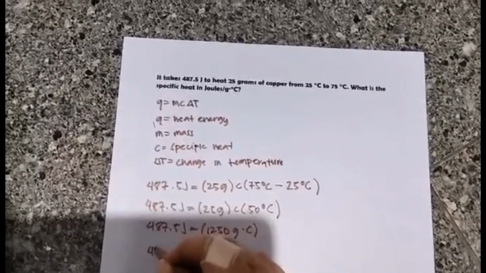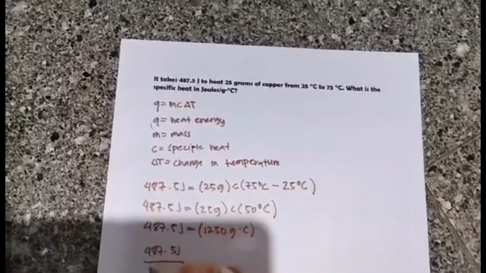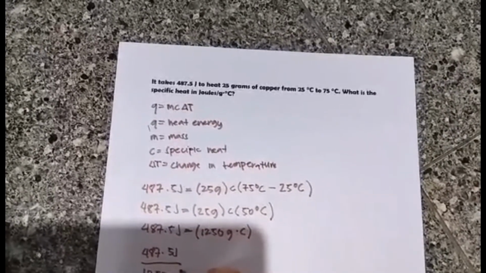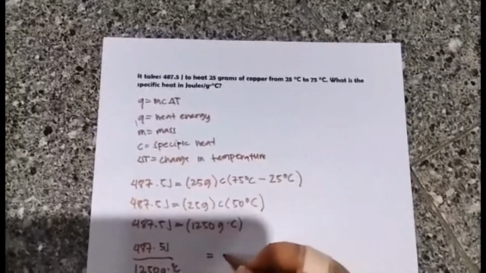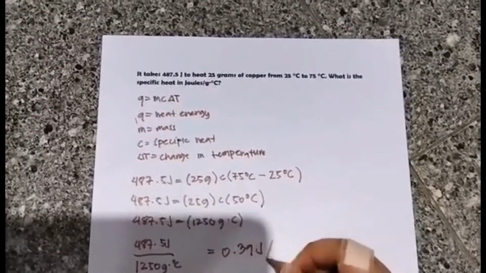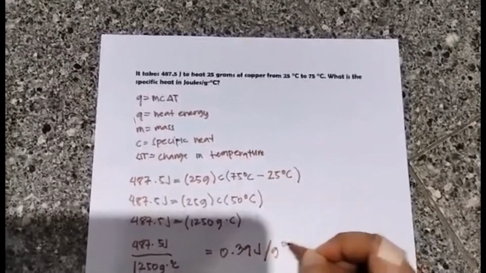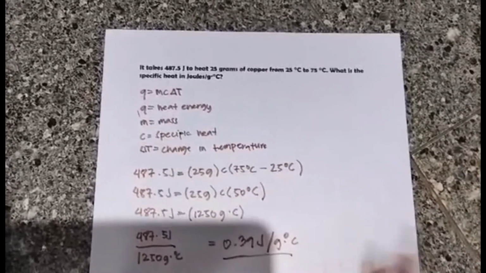So 487.5 joules divided by 1250 gram degrees Celsius. So our final answer is 0.39 joules per gram per Celsius. So this is our final answer.